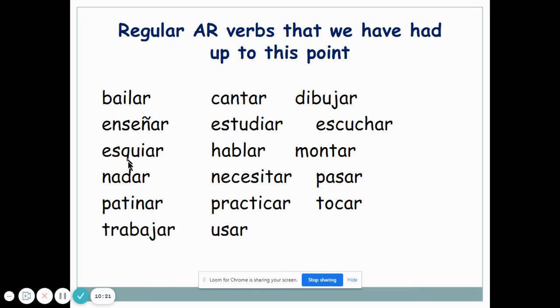Estudiar, and sorry, I have not been saying "to," but it's to dance, to teach, to ski, to swim, to skate, to work, to use, to practice, to need, to speak, to study, to sing, to draw, to listen, to ride, to pass, and to touch.